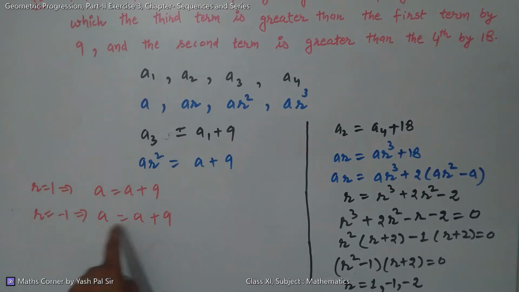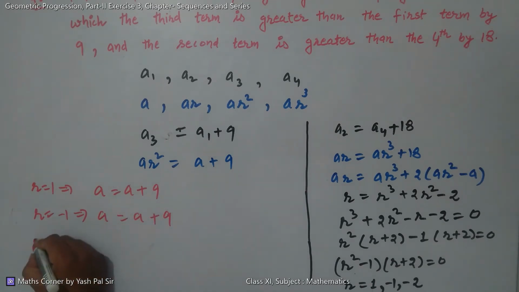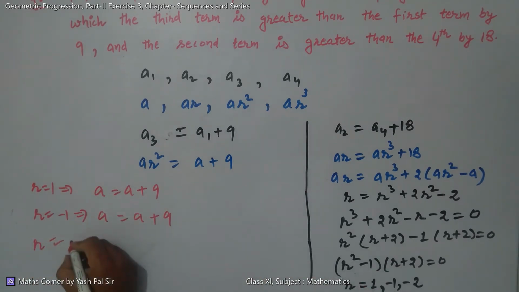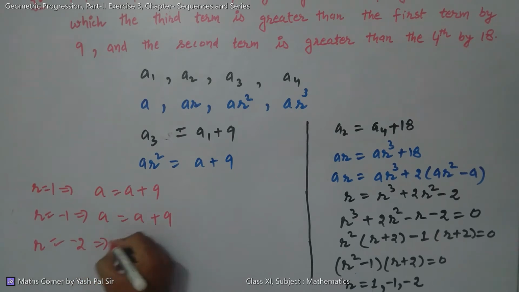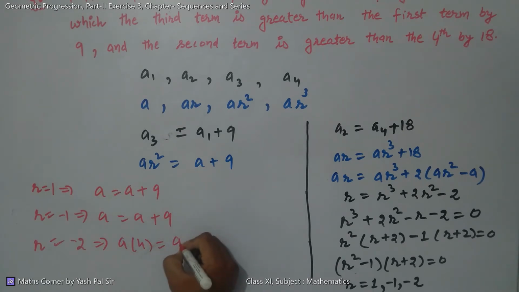Again, we cannot find any value of a. Next, r is equal to minus 2. So we have a into 4 is equal to a plus 9. That means 3a equals 9, so a is equal to 3.